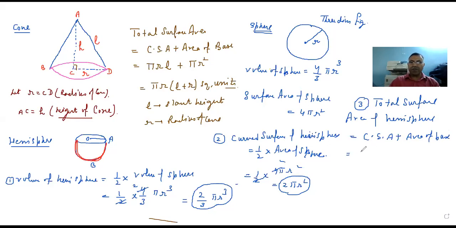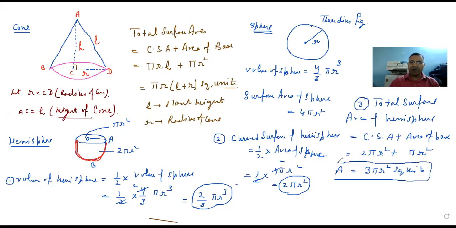Curved surface area we have already calculated, 2 pi r square. The area of the circular base is pi r square. So the total is 3 pi r square units, because area is always in square units. So this is the formula.